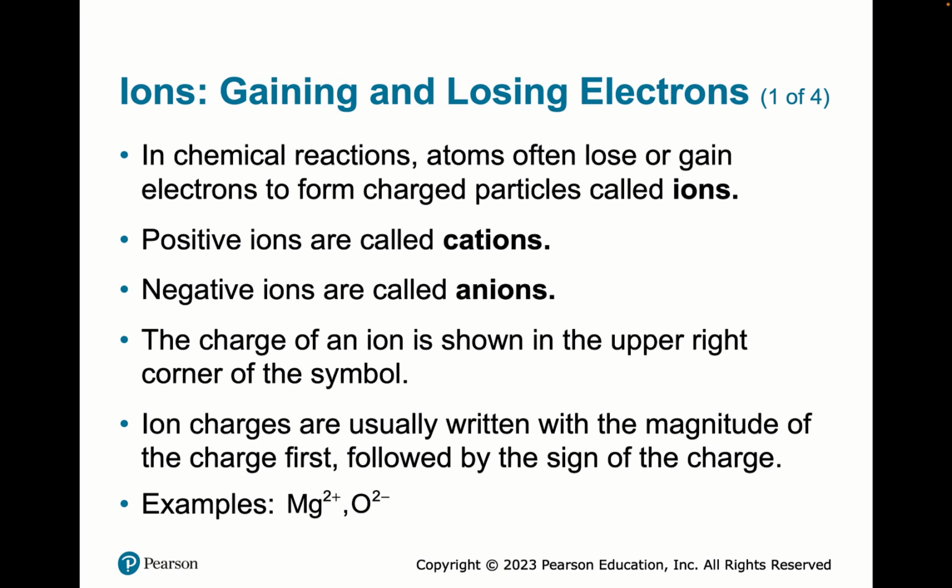Negative ions are called anions, and we usually show them by the element name and then the charge in superscript to the right of it. For instance, magnesium +2 would be a magnesium atom that has 2 electrons stripped away, and oxygen 2-, written this way, is oxygen with 2 extra electrons.